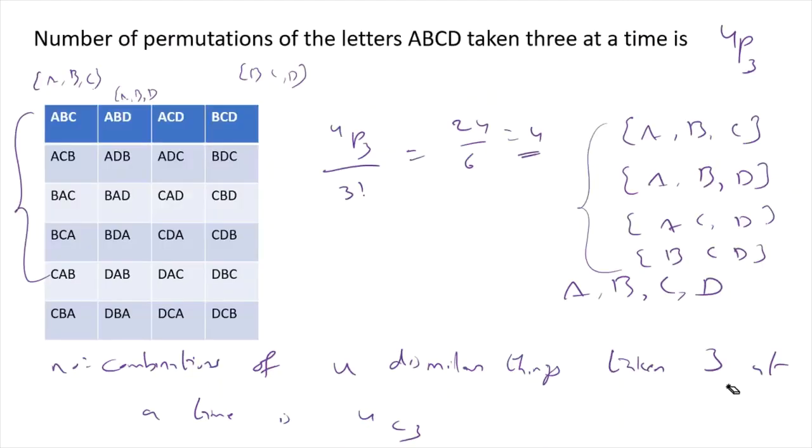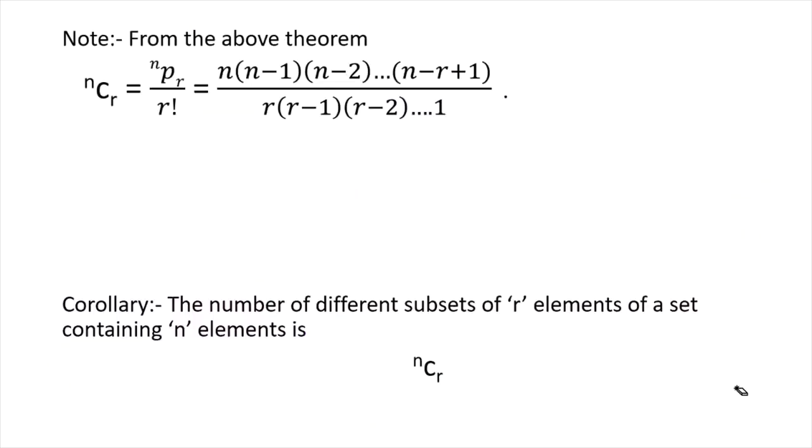For this we have taken the help of this example. Next, nCr is equal to nPr upon r factorial, but nPr is equal to n times n minus 1 times n minus 2 and so on up to n minus r plus 1, and r factorial is equal to r times r minus 1 times r minus 2 and so on up to 2 times 1.